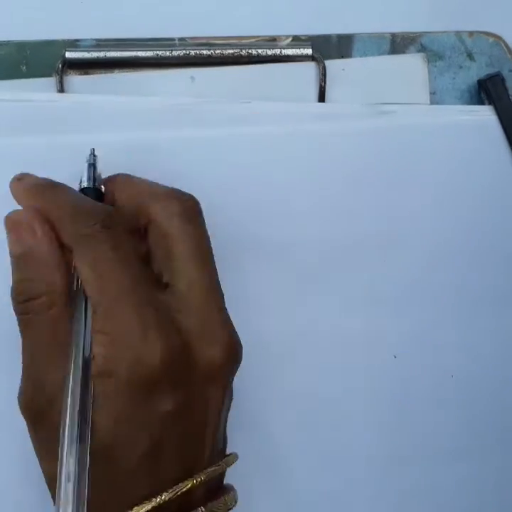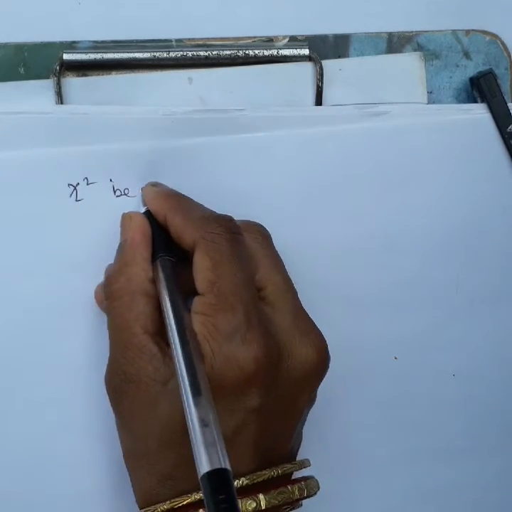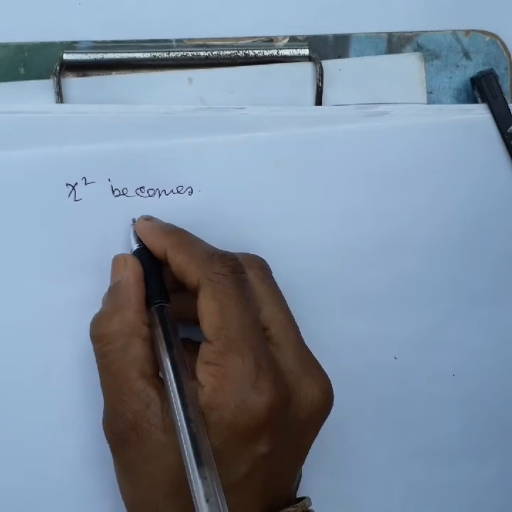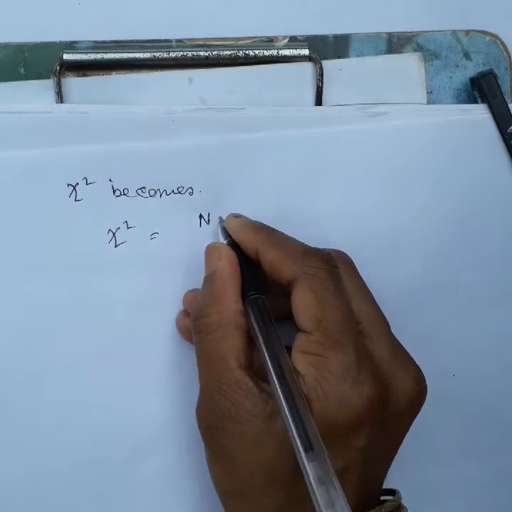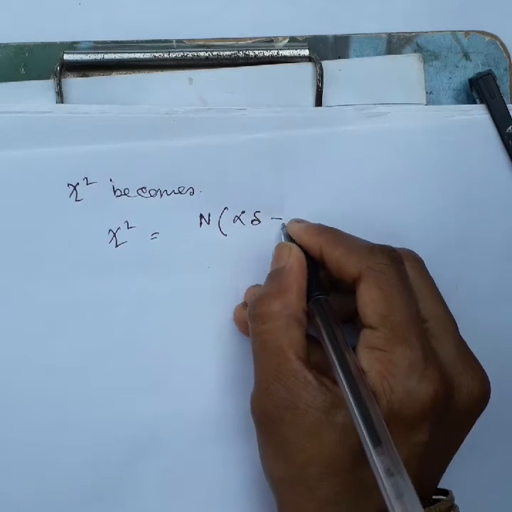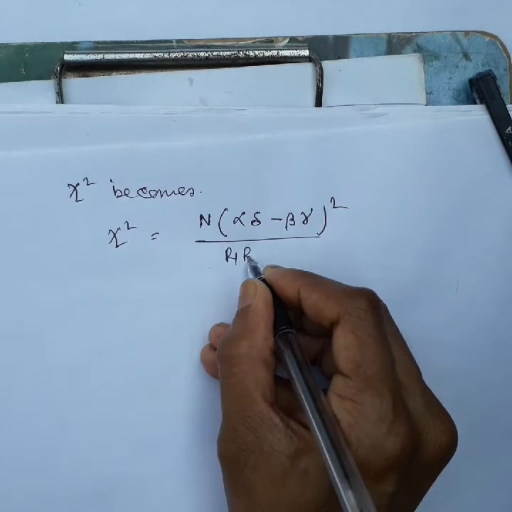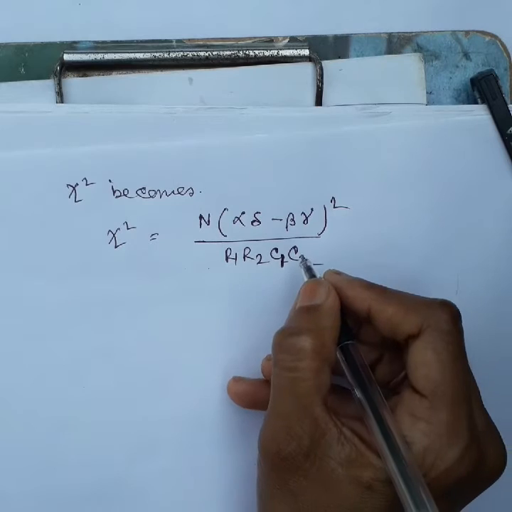Okay, so chi-square becomes chi-square is equal to N into (alpha delta minus beta gamma) whole square by R1 into R2 into C1 into C2.